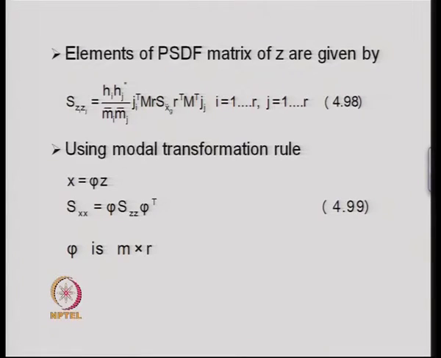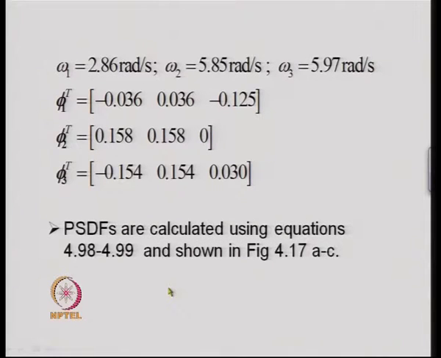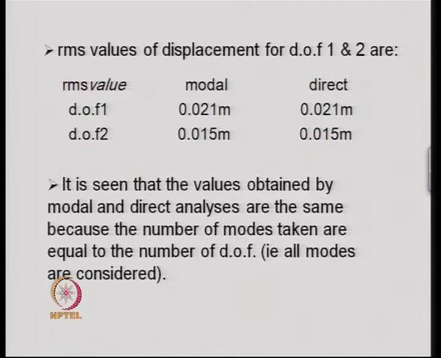Now, when all the elements of the power spectral density function Szz are obtained in this fashion, we construct the Szz matrix and then obtain the power spectral density function Sxx. Using this technique, we have obtained the power spectral density function of the first displacement and the third displacement.